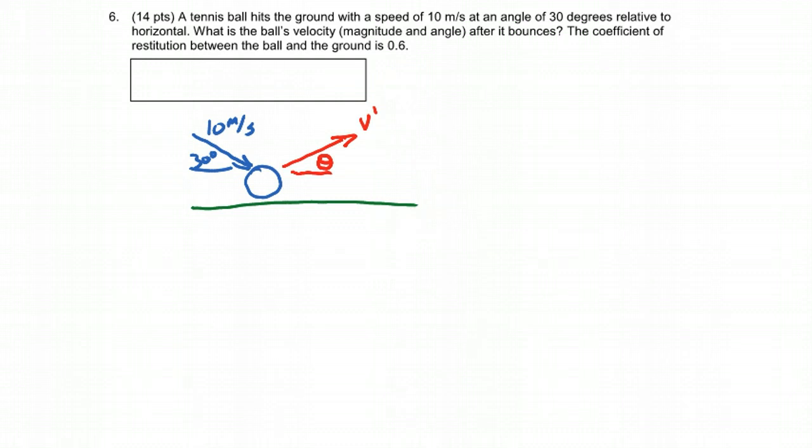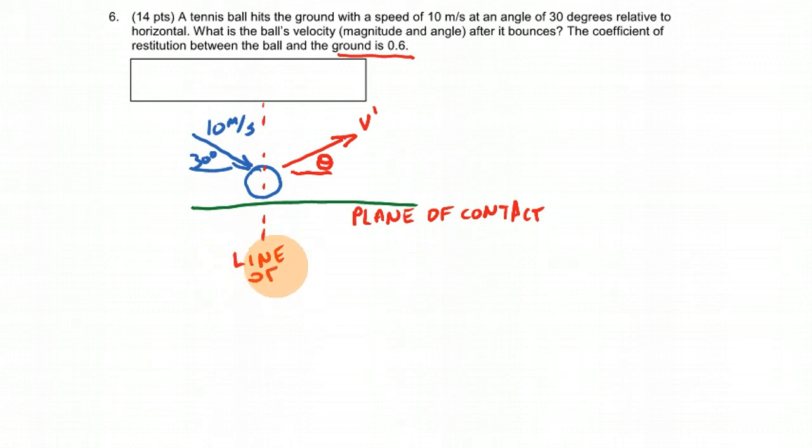Now, if you remember talking about collisions, for this type of collision where we have a coefficient of restitution given right here, we had to define the line of impact and the plane of contact. So the plane of contact is the ground. Perpendicular to that is our line of impact.